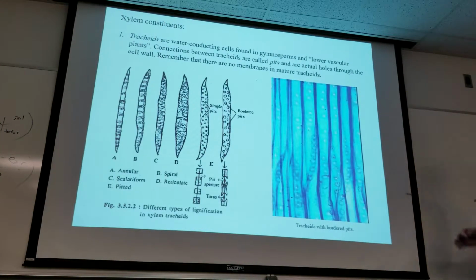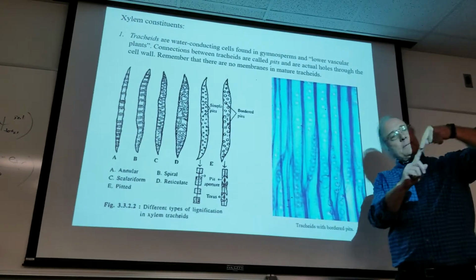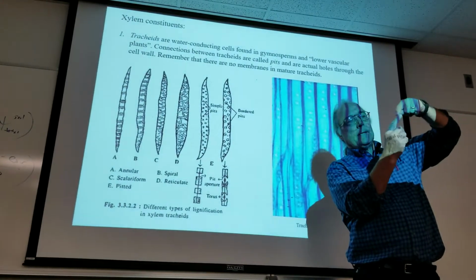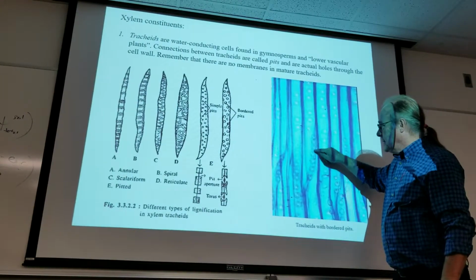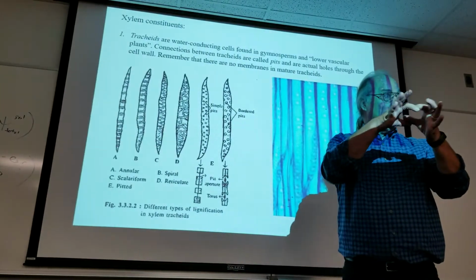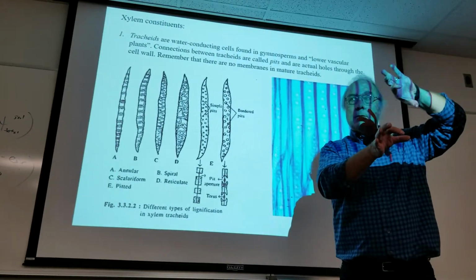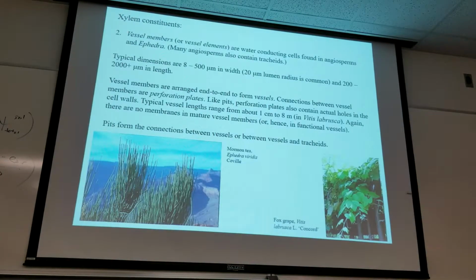They're lined up end to end, but the connections from one vessel member to the next vessel member aren't from these relatively small pits, but they're a great big opening between the two adjacent cells. It's a big hole.